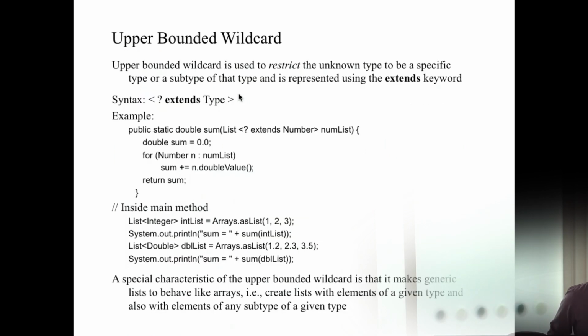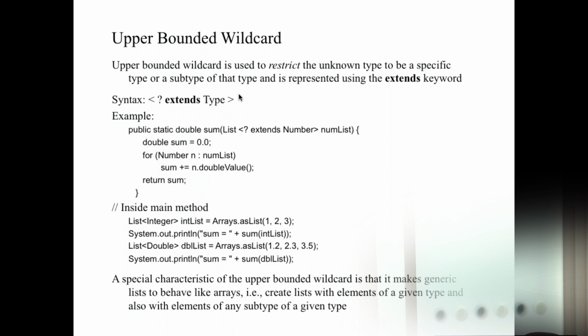Unbounded and upper bounded are the same as what we already saw: you can use T extends some special class to bound the type parameters. The same way we can also bound our question mark.